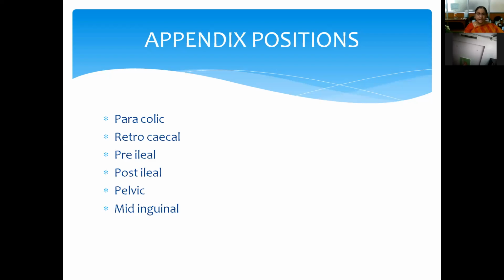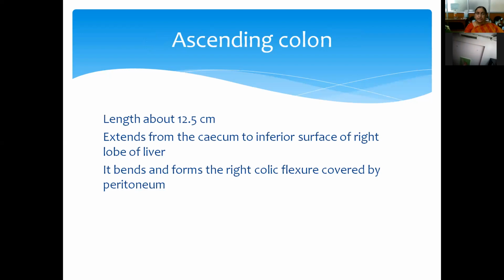Retrocecal means it lies behind the cecum. Pre-ileal, in front of the ileum; post-ileal, behind the ileum. In pelvic position, the appendix is directed towards the pelvis, whereas mid-inguinal position means it is directed downwards vertically towards the mid-inguinal point. And the details of the appendix you will be studying in the chapter on the appendix.